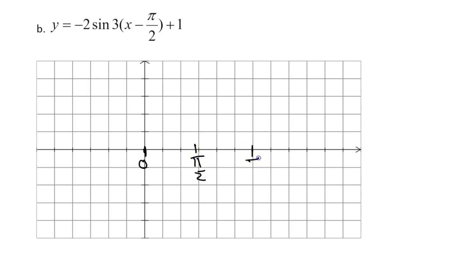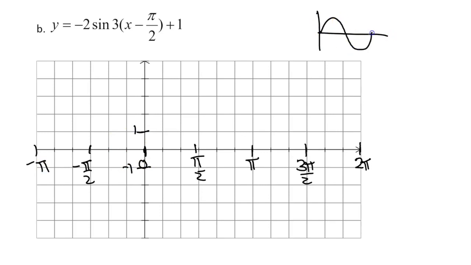We can always make sure we label our axes so whoever's marking it knows how we're spacing things out. Okay, and on the side here, let's just say there's our basic sine function, just like that. Okay, so DOCP, A, B, C, D.